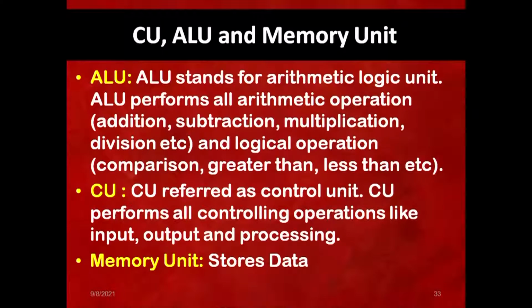The next part of the CPU is the control unit. The control unit performs all types of controlling operations like input, output and processing. The third important component of the CPU is the memory unit, which is used to store data.